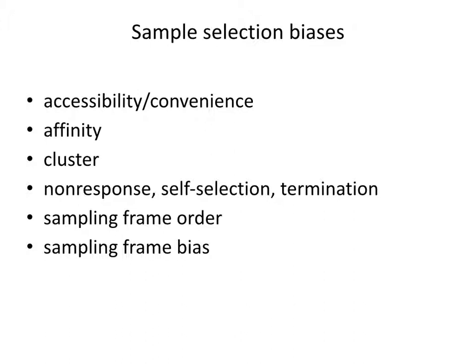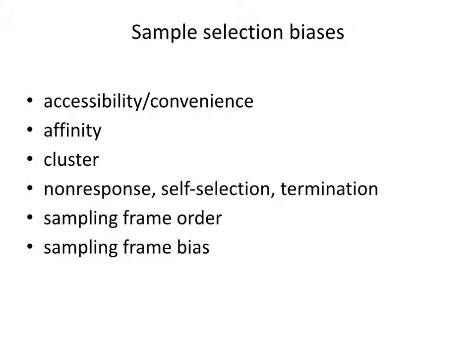In marketing, a more common instance would be using a sampling frame that's ordered by date. So date of purchase, or date of registration, or date of enrollment. And you would expect that early entries on such lists would differ from later entries.